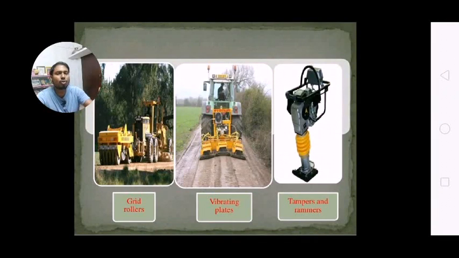These different rollers have different roles in the field to compact it to a particular density, or under different moisture contents. These rollers are widely used in the field to achieve a particular dry density or bulk density.